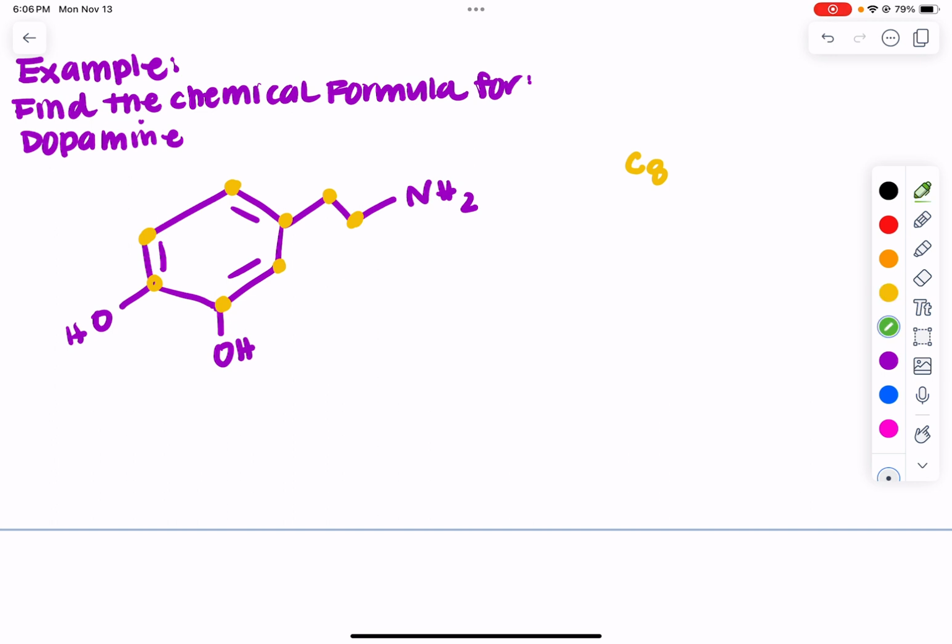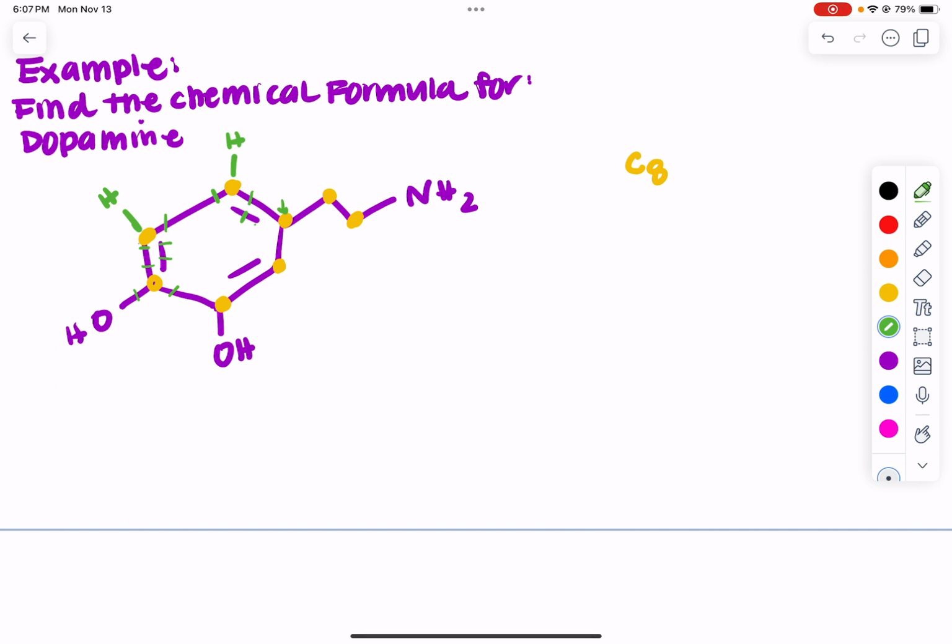Now, at each of the carbons, how many bonds do we have? Here we have 1, 2, 3, 4. Looks good. Here we have 1, 2, 3. So probably need a 4th hydrogen here. Same thing up here, 1, 2, 3. We probably need a 4th hydrogen up here.